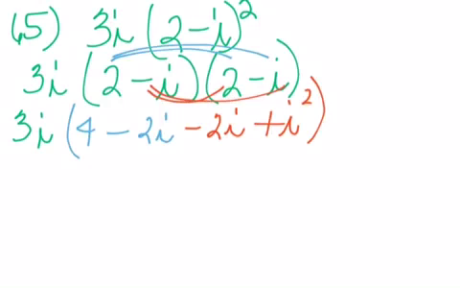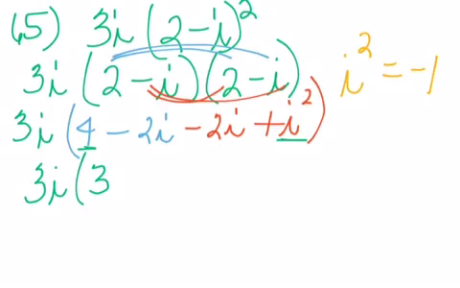If you'll remember from Advanced Math 1, I squared is always equal to a negative 1. So that gives us 3I times 4 minus 1 is 3 minus 4I.